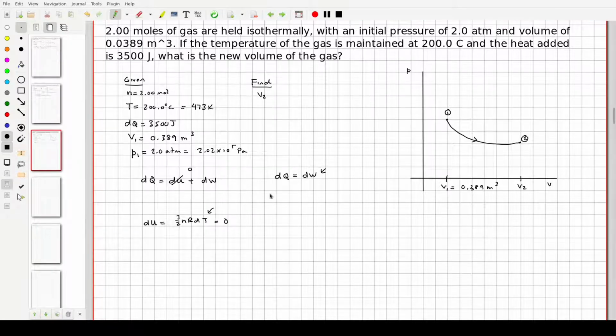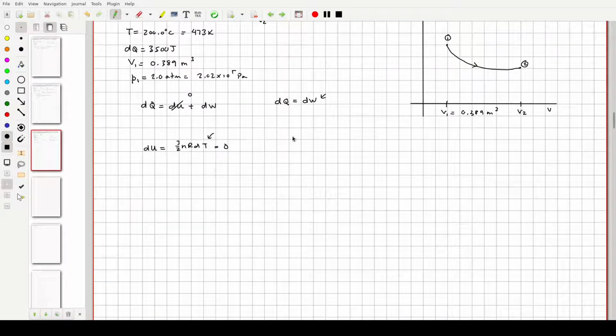This is one of the benefits of how all this stuff sort of ties together. So the heat that I'm going to be adding here is going to be going into work like this: the integral of P dV from my initial volume to my final volume. But we're dealing with an ideal gas, so the relationship between P, T, and the rest of it is through the ideal gas law. n, R, and T are constant.